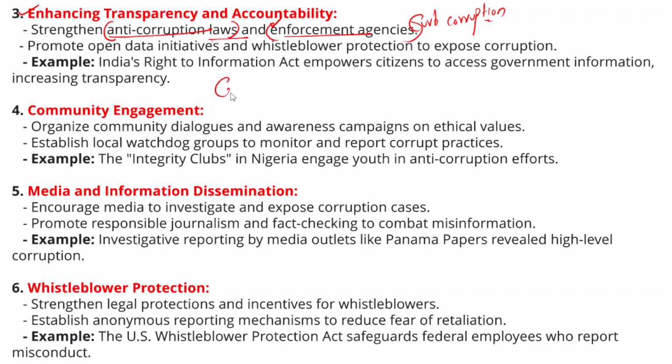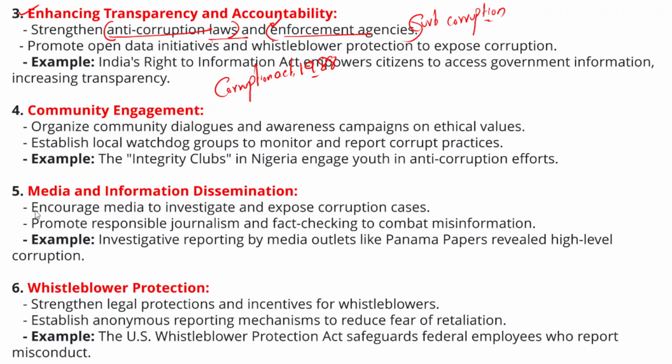For example, we have the Prevention of Corruption Act. Certain shortcomings and drawbacks need to be taken away so that we can further strengthen these anti-corruption laws. We should also have robust whistleblower protection mechanisms and legislation in place.